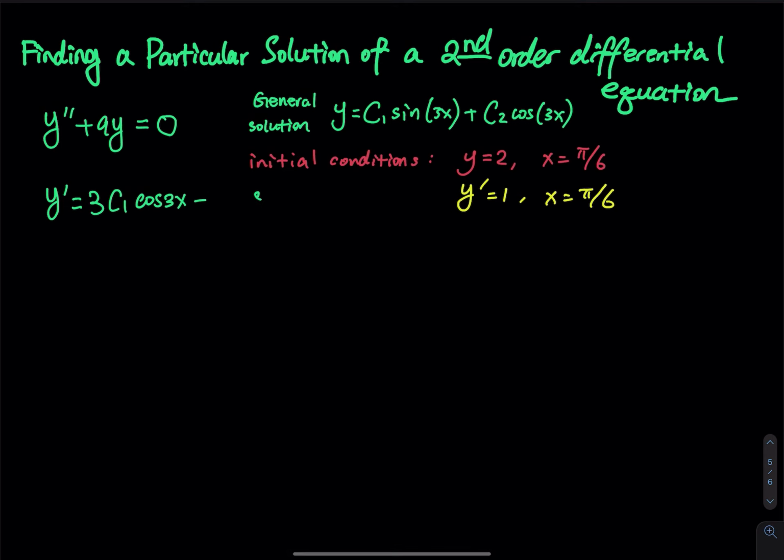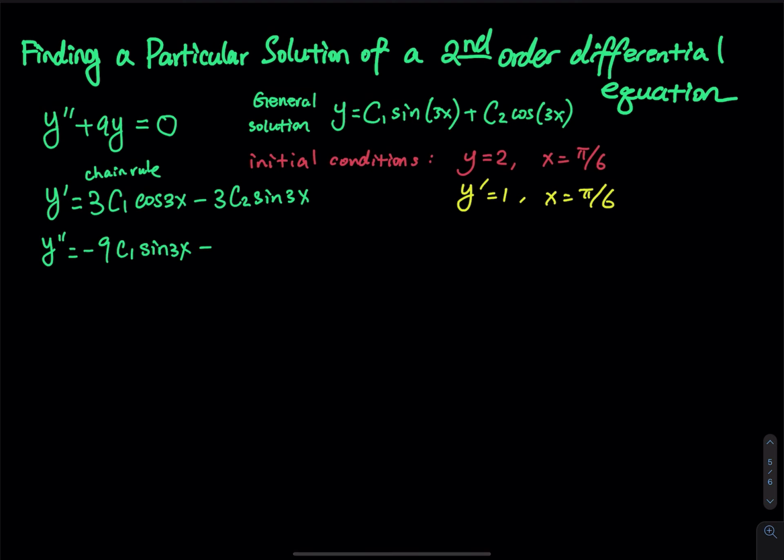So we have a sine of 3x, and by chain rule, the derivative of 3x is 3, so we have 3 times c2. And then there is a second derivative. For c1, the derivative of cosine is sine, so we have sine of 3x, and then there is a negative, 3 times 3 is equal to 9, so these are chain rule.